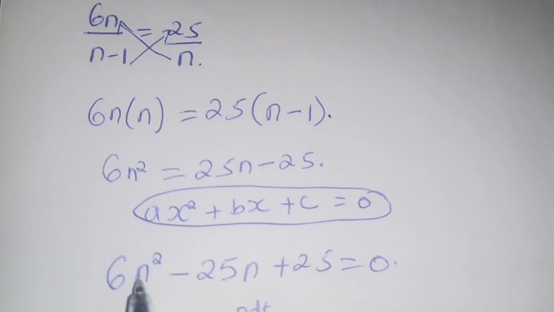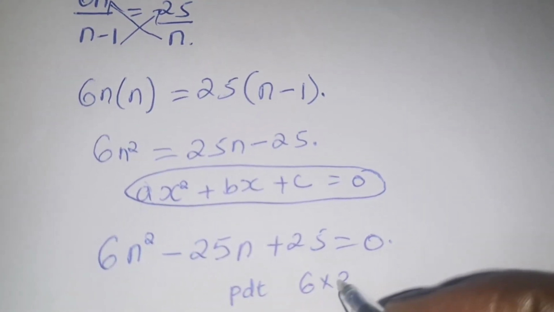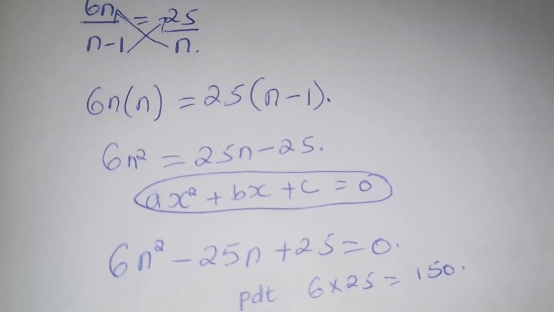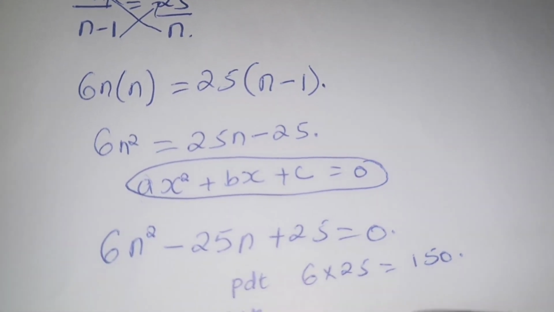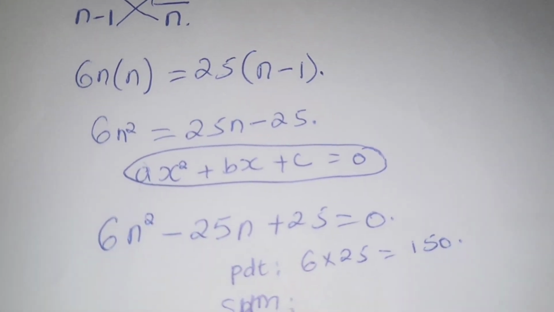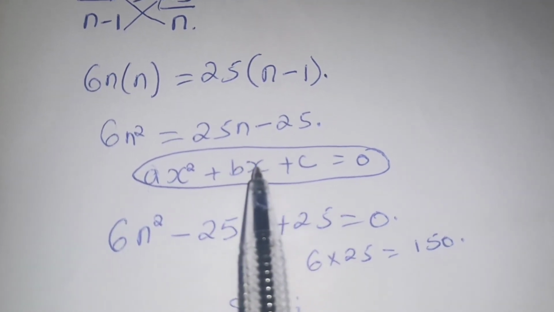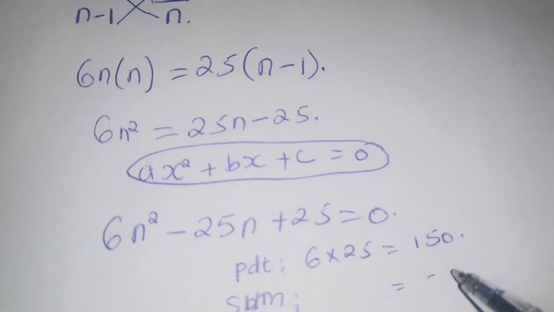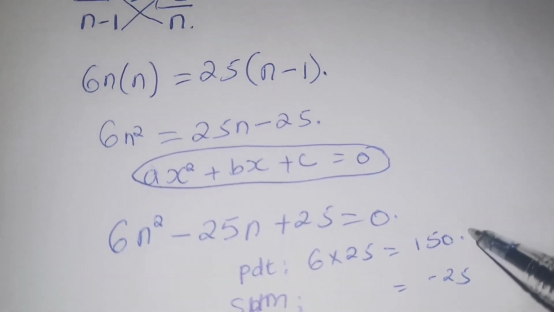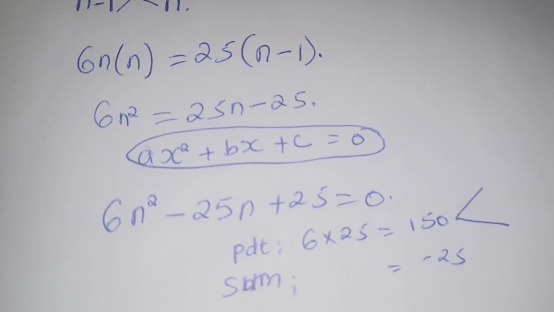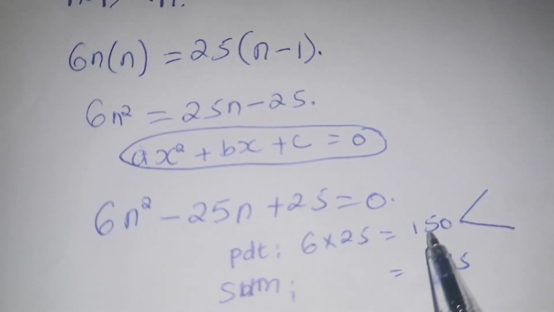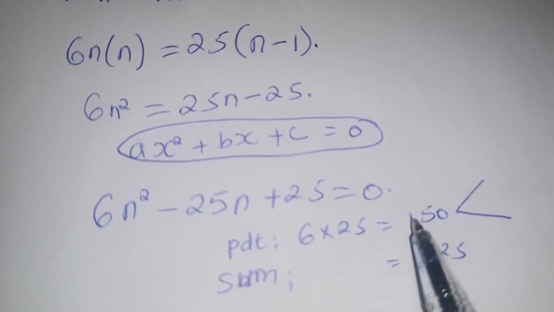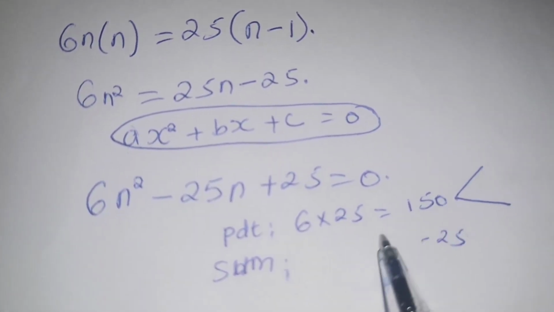The coefficient of n squared here is 6 multiplied by 25, which gives us 150. And our sum is the coefficient of x, that is the b, which is negative 25 in this case. So we need to get two factors of 150 such that when we add them we get negative 25, and upon multiplying them we get 150.